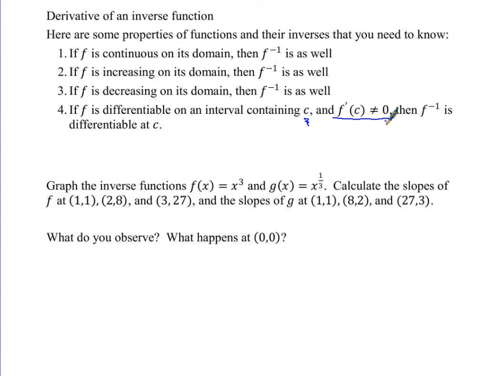What do you mean by there's no x? Oh, I see what you're saying. If you had a horizontal line and you traded the x and the y, there was no x to switch. That's an interesting thought. I never thought of that.